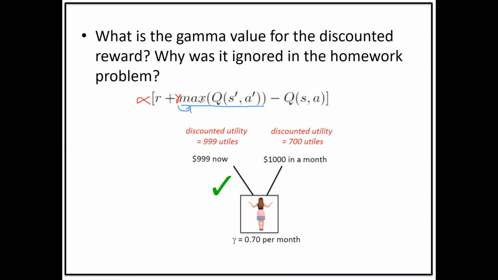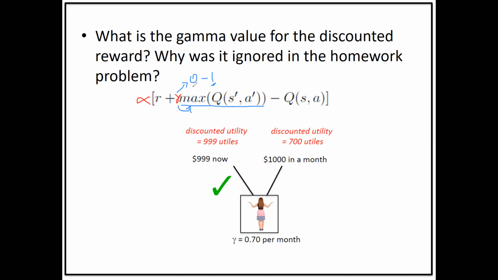factor in future rewards or future cumulative rewards in your decision making. If your gamma value is on a scale of 0 to 1, and your gamma value is 1, it means that you place a lot of emphasis on your future cumulative rewards.